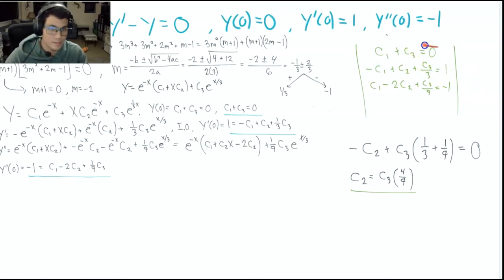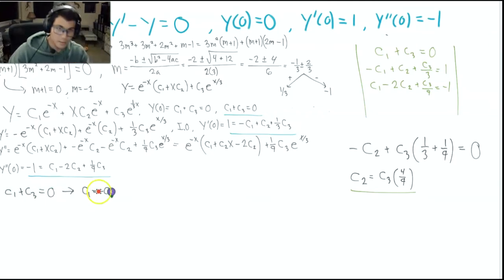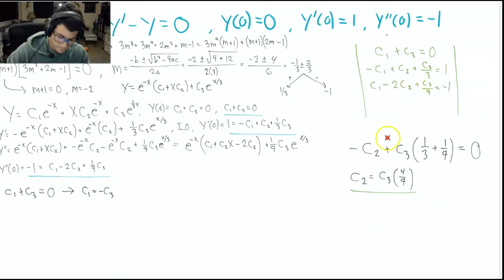But before I do that, I see that there's a C1 term in here. Let me use this equation to change the C1 term into a C3 term. Over here, we have C1 plus C3 is equal to 0. Well, then you could say that C1 is equal to negative C3. Now if you apply this fact and this fact into this equation and rewrite it all in terms of C3, let's see what we get.